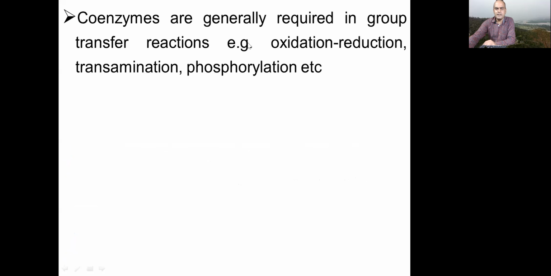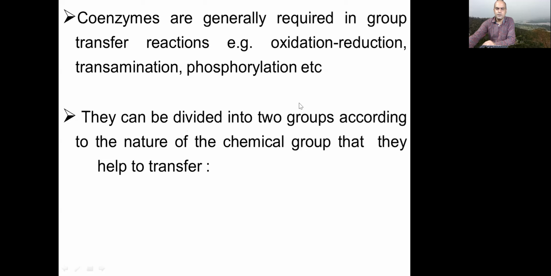Coenzymes are generally required in group transfer reactions. For example, oxidation reduction, transamination, phosphorylation, etc. In oxidation reduction, there is transfer of hydrogen. In transamination reaction, there is transfer of amino group. In phosphorylation reaction, there is transfer of phosphate group.